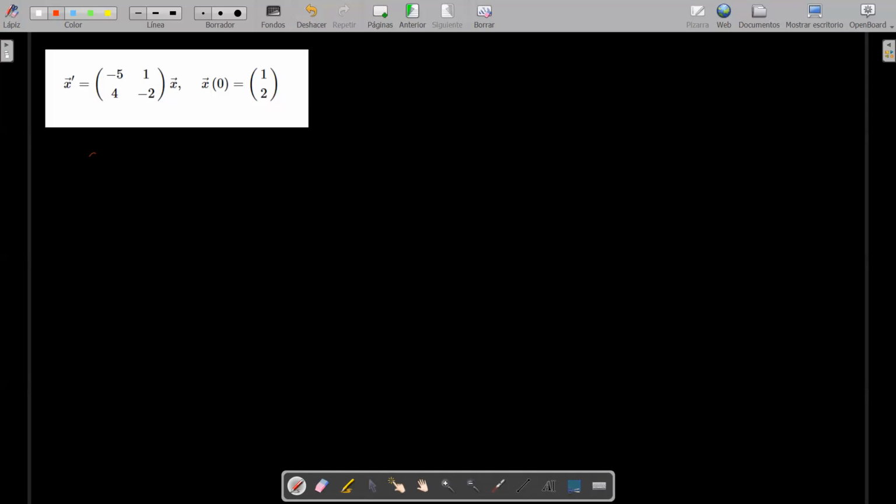So first of all, we need to find the matrix A minus lambda I. We will use that matrix to find the eigenvalues and the corresponding eigenvectors, of course. So we have 1 minus lambda over here, 4, and minus 2 minus lambda. And that's matrix A minus lambda I.